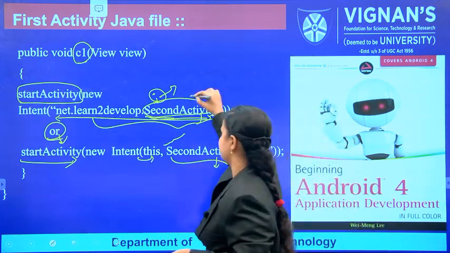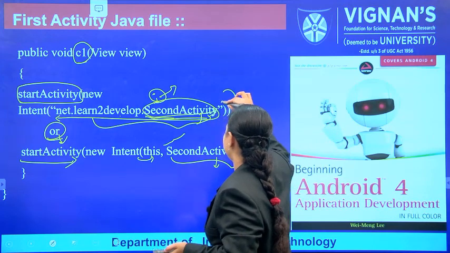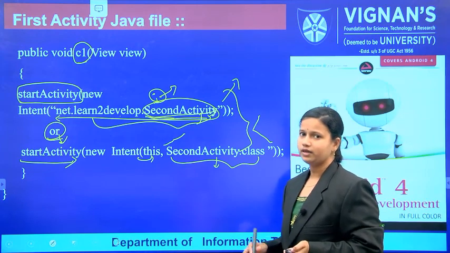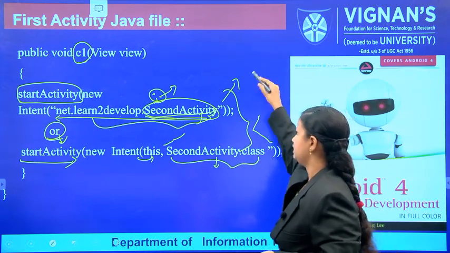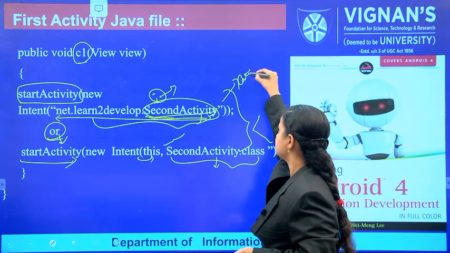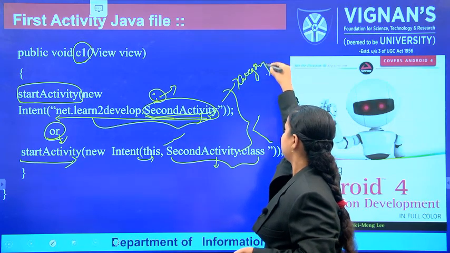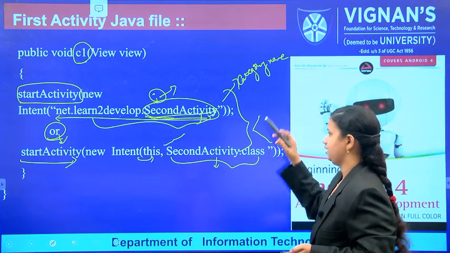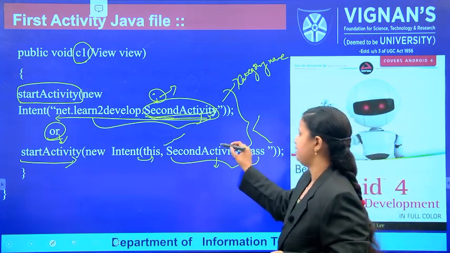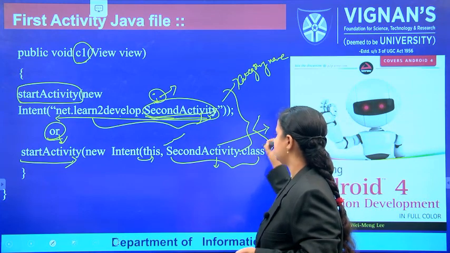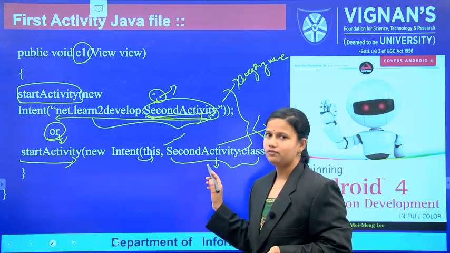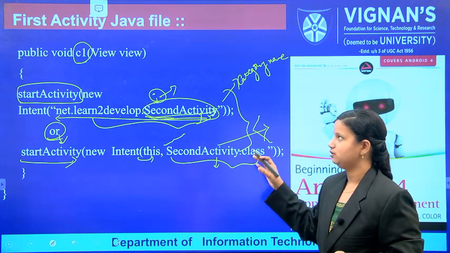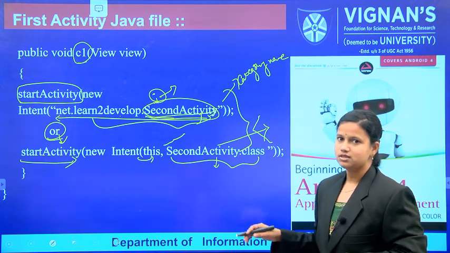The difference is that in the first we mention the category name available in the intent filter, or simply we give the activity or Java class file name in its place. So these are the two different ways to call startActivity.